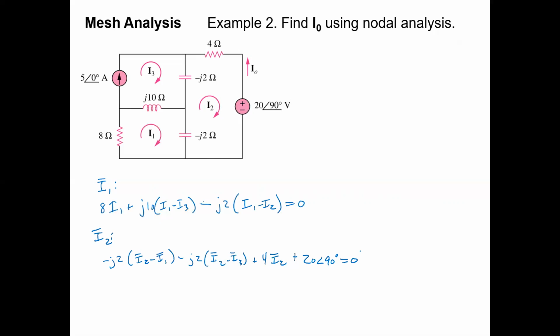And then your I3 mesh. Anybody want to handle the I3 mesh? We're not doing it? Why? Current source there, that means what? Super mesh? Does it mean super mesh? You don't know? I3 equals what? 5 angle 0, yeah.